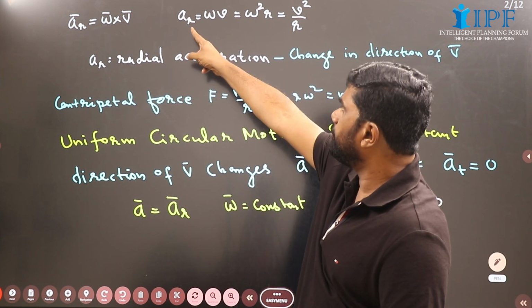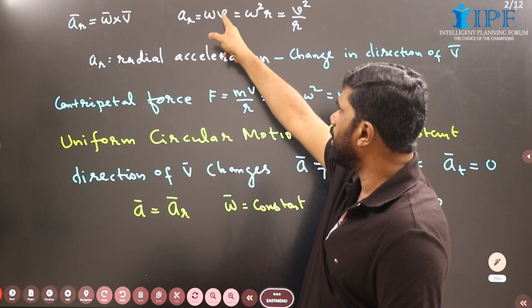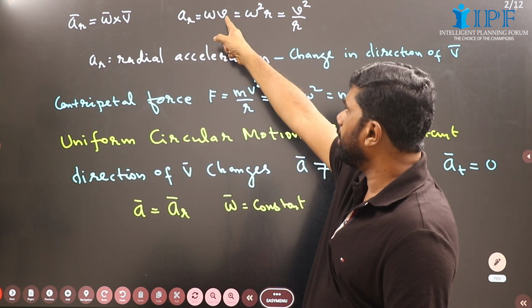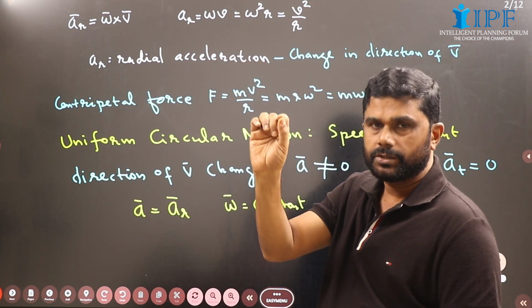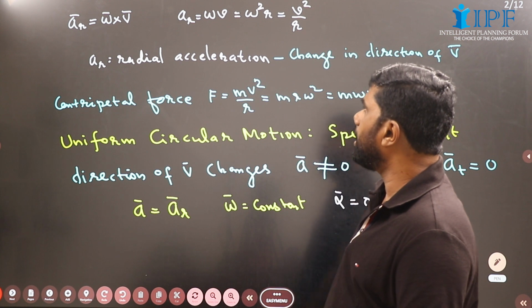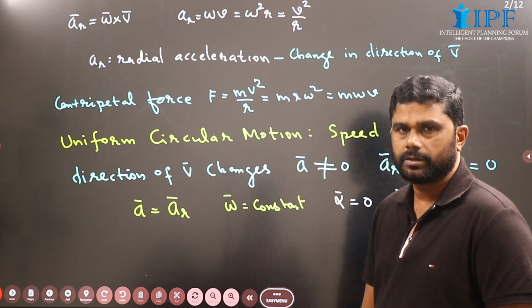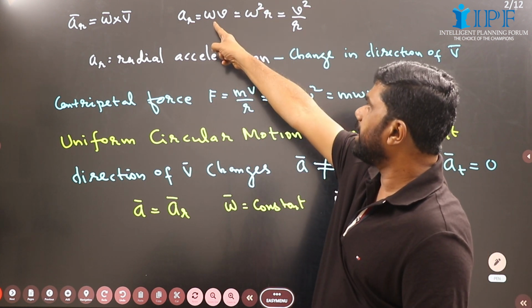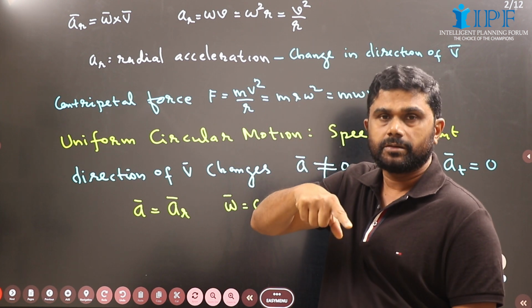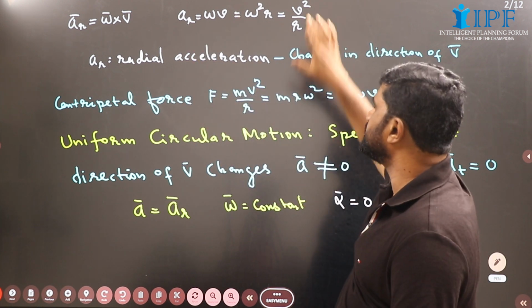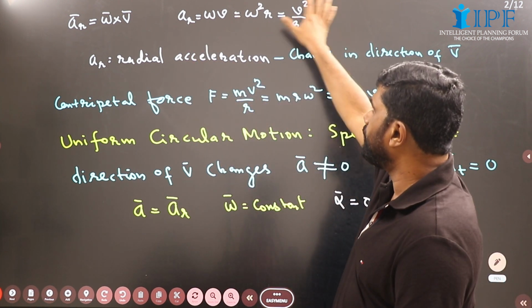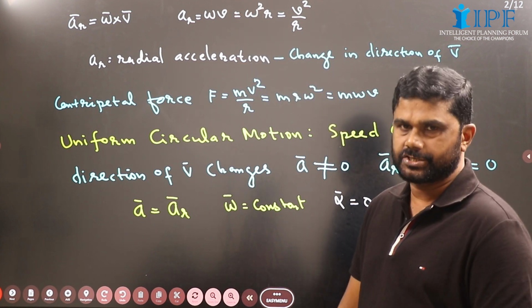In scalar form, radial acceleration is omega V. This V can be replaced by omega R, so it will be omega into omega R, meaning omega square R. Or this omega can be replaced by V by R, so V by R into V will be V square by R. These are different forms of the radial acceleration.